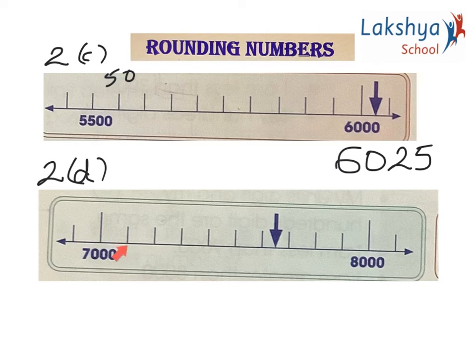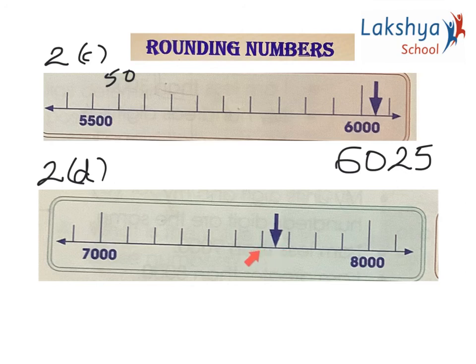So this would be 7100, 7200, 7300, 7400, etc. So what does this arrow indicate over here? 7100, 7200, 7300, 7400, 7500, 7600 and this is 7700.